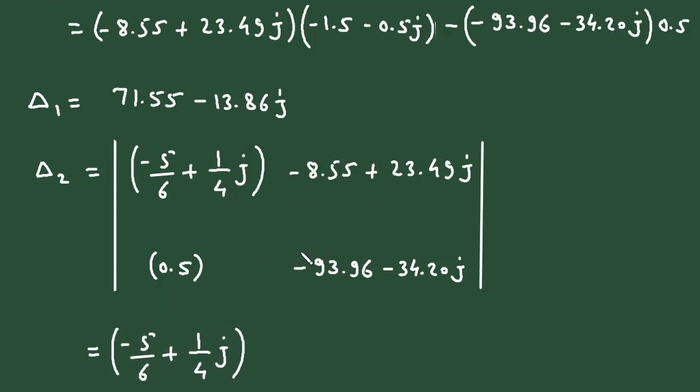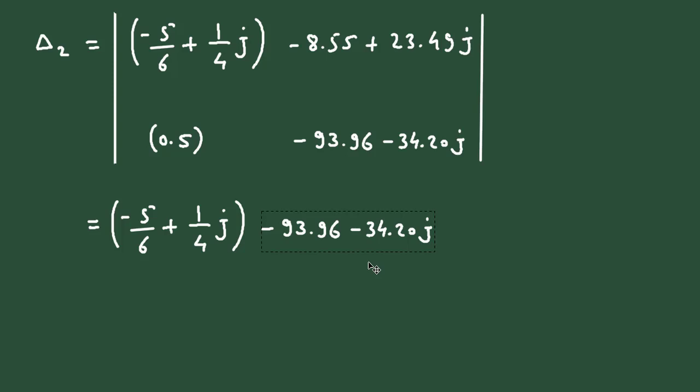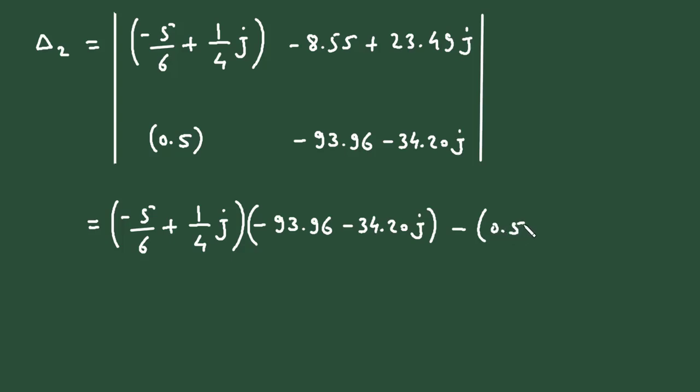Then we have to multiply this with this value. Then minus 0.5 multiplied with this value. Let's copy it from here. Now it is equal to the value of delta 2.